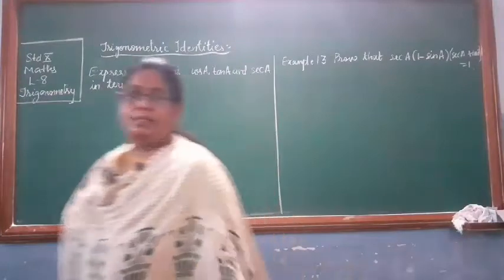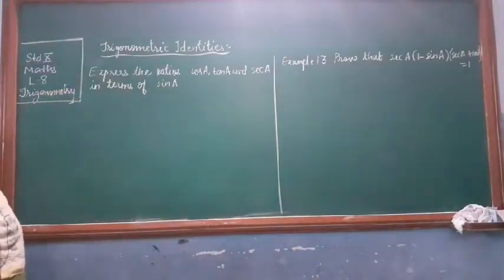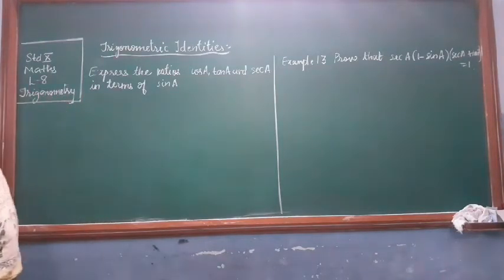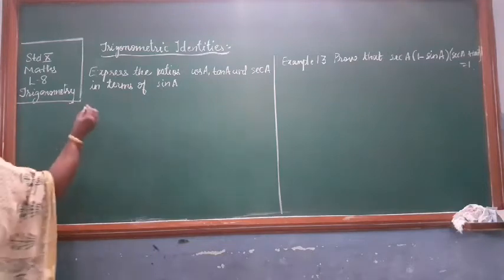Let us solve example number 12 in your textbook. It is given: express the ratios cos A, tan A and sec A in terms of sin A. So how will you obtain this?